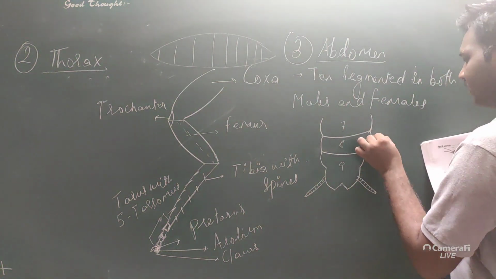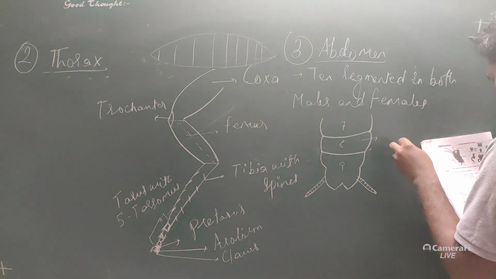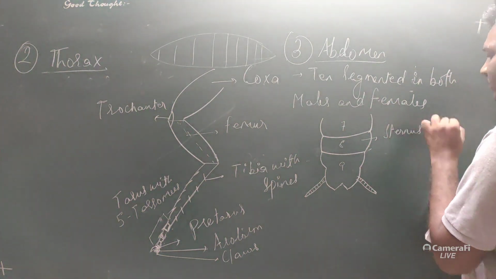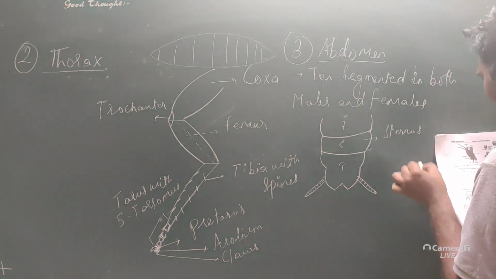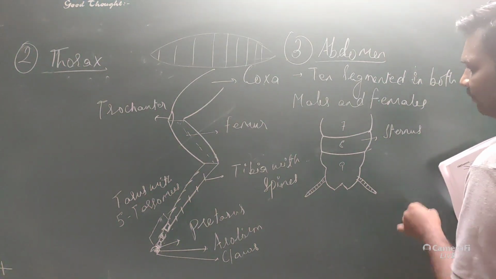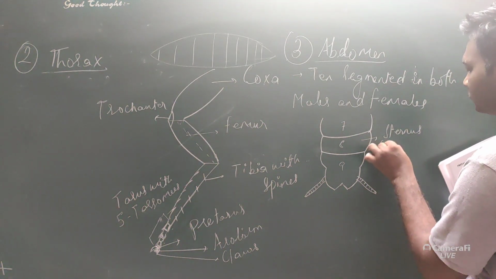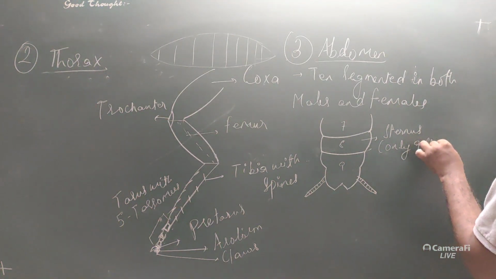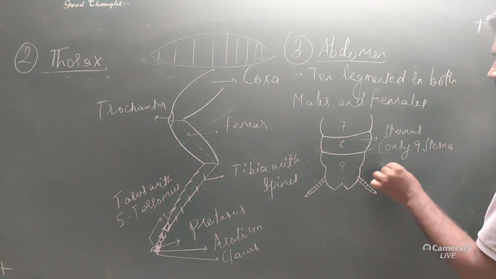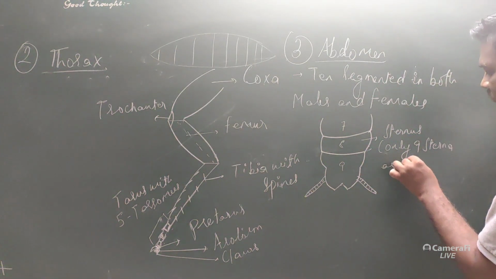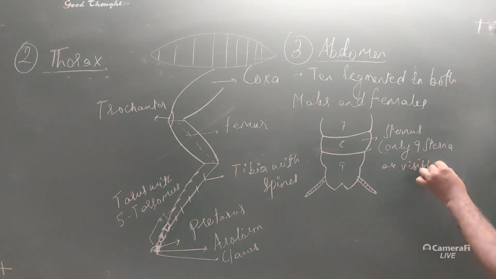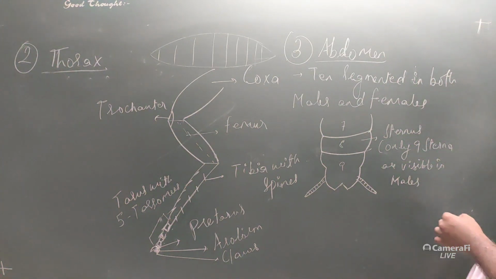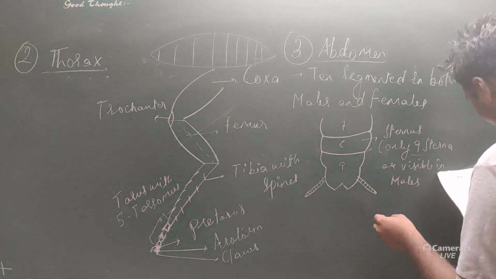Now on the 8th segment, this part is called the sternum, that is from the ventral part. Only 9 sterna are visible in males.